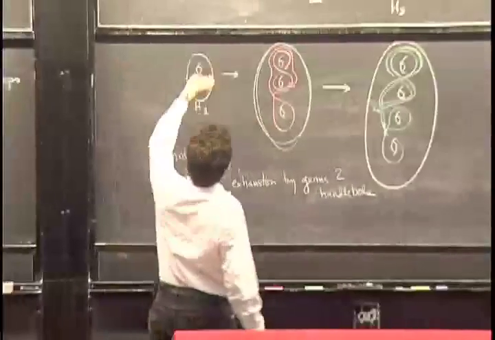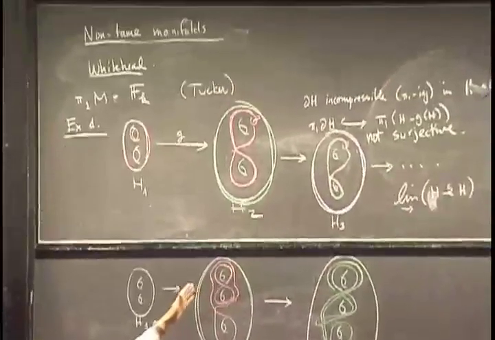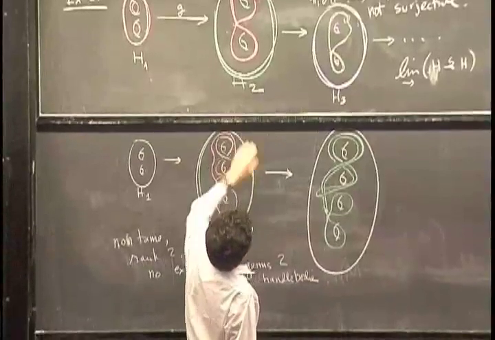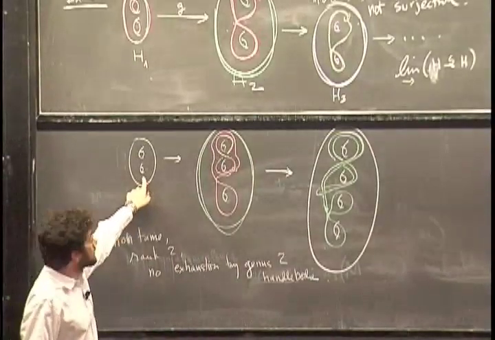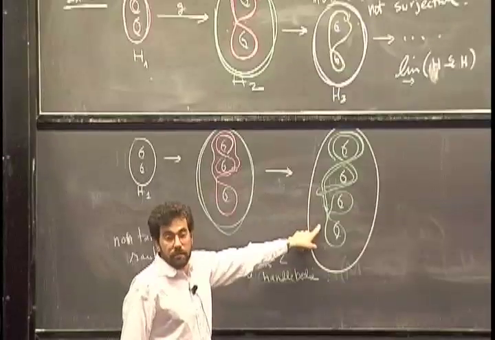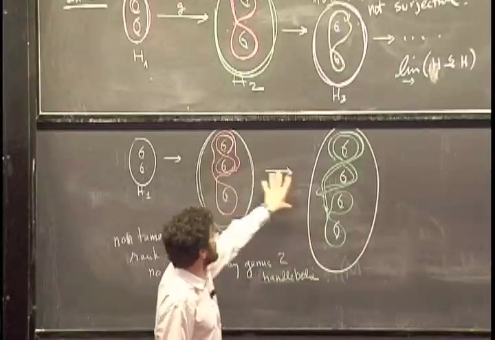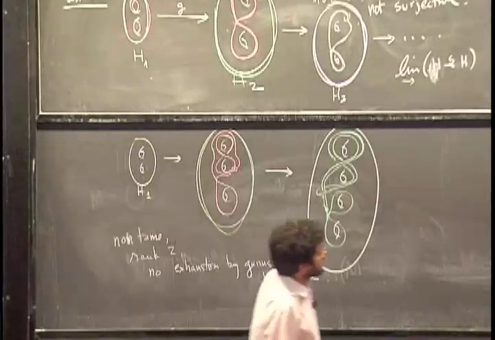So in the first example, any one of the Hn could have been a compact core. Any one of them was a manifold that carries all the homotopy. In the second example, this one was a compact core, but none of the other ones that I drew are compact cores because a lot of the fundamental group here is eventually killed as you include them further on. Okay, so that's Scott's core theorem.